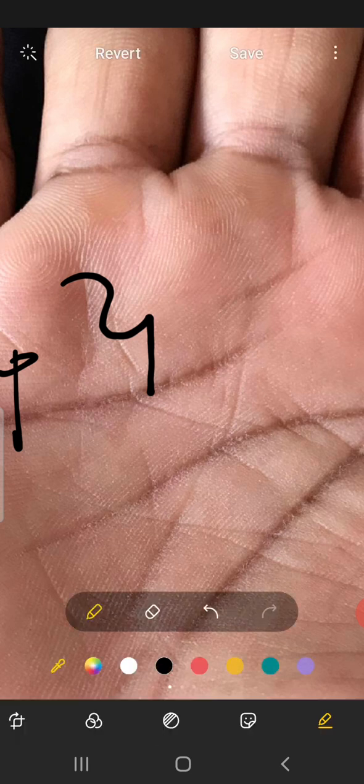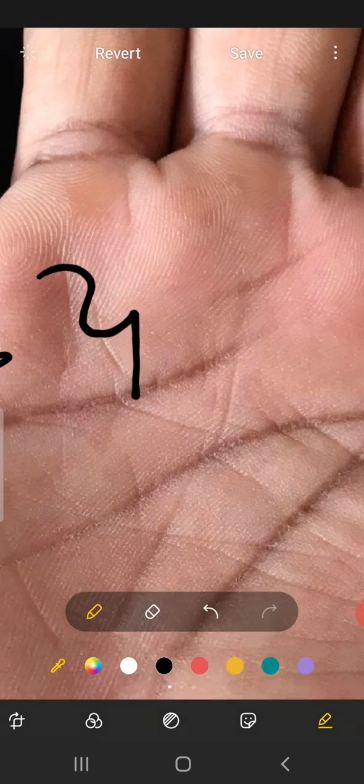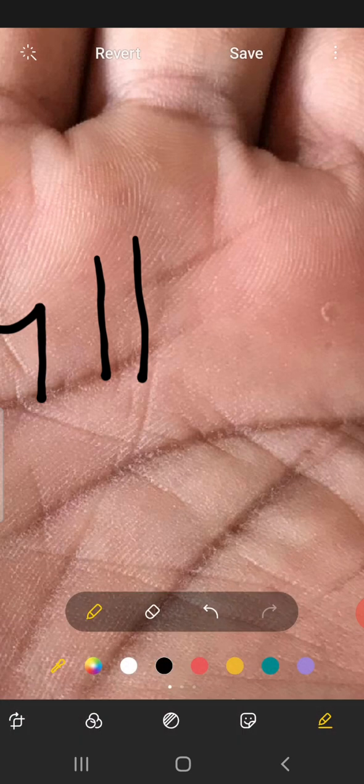Jupiter has a peculiar pattern like this. If you see any symbol or chinha like this, it represents Jupiter. Two parallel vertical lines also show Jupiter's influence, or Jupiter's aspect, or Jupiter's placement in a particular Rashi.